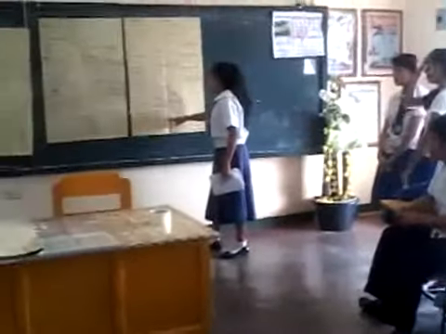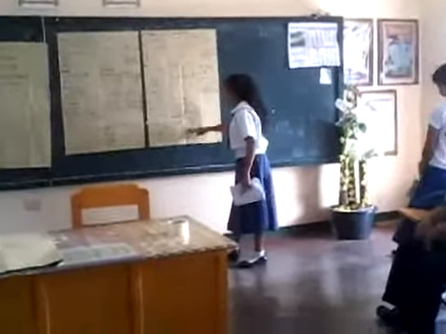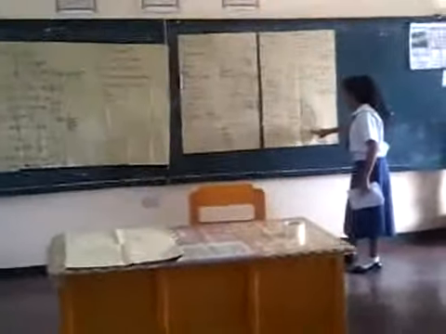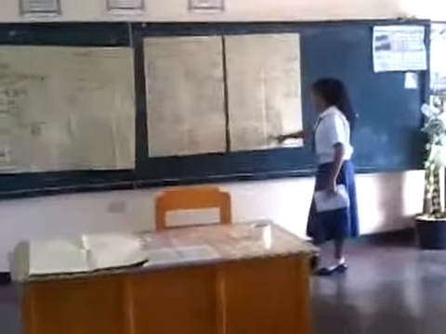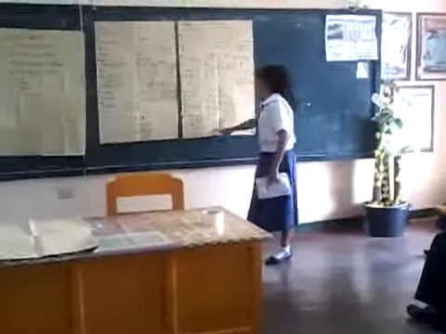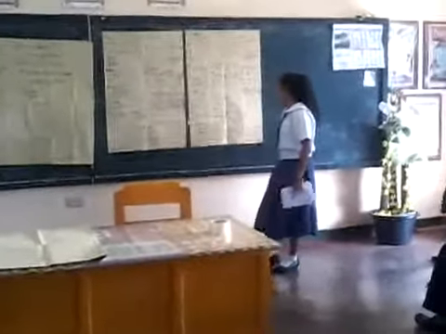negative 2 over 5 times 1 over 10 is equal to negative 2 times 1 is equal to negative 2 and 5 times 10 is equal to 50, and the c over a is equal to negative 2 over 50.